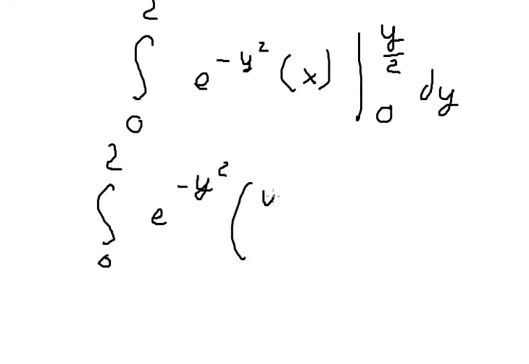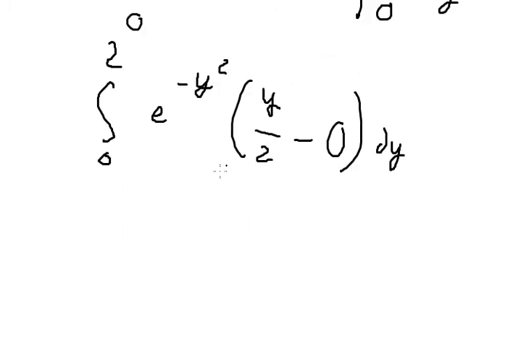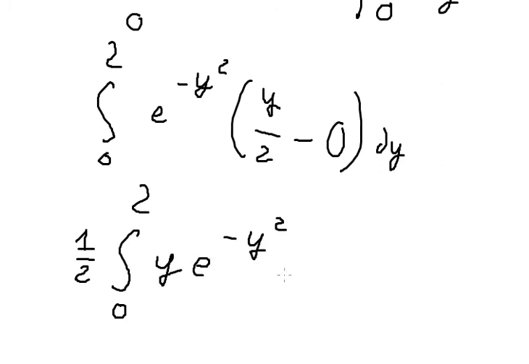And we get y over 2 minus 0 dy. And this one, we can put 2 in here. And we have 1 over 2, and we have the integration from 0 to 2 of e to the power of negative y squared dy.